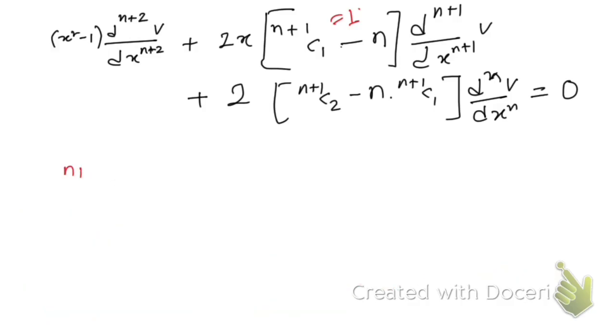Then n plus 1 C2 minus n into n plus 1 C1. You don't need to show these calculations, but to understand, please note this. Sorry, it's supposed to be 1. So now what happens here?